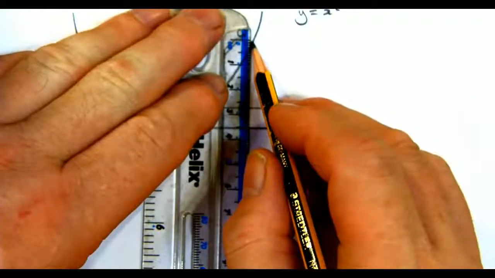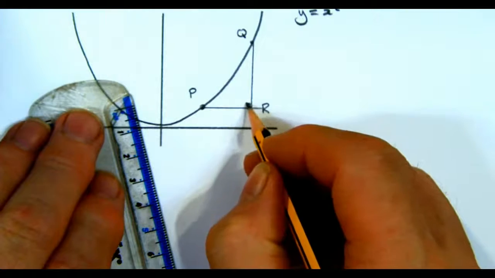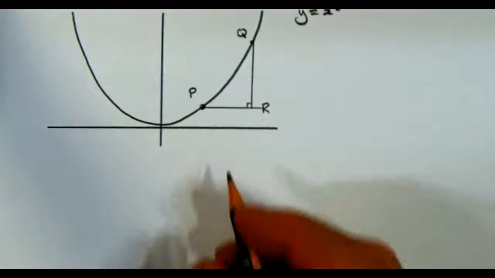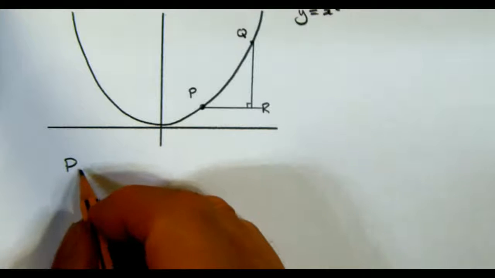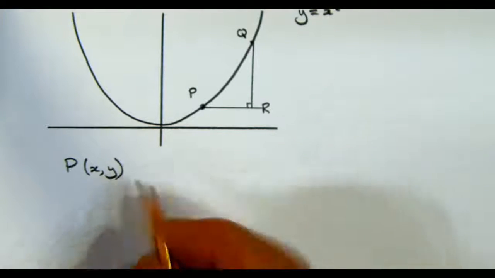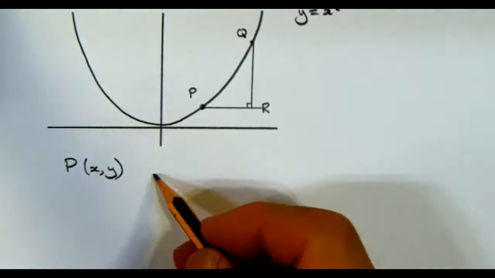So let's drop a perpendicular down, and again we're going to have R as we had before. We've got the coordinates of P, and this is going to be x, y. We're going to make it general. It's the same basic triangle as we had before.